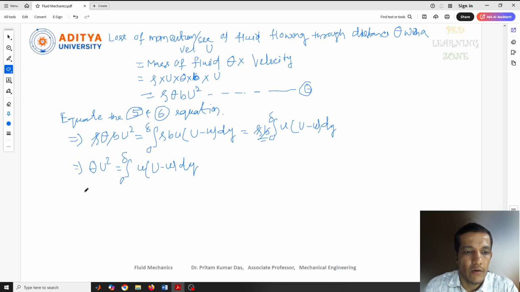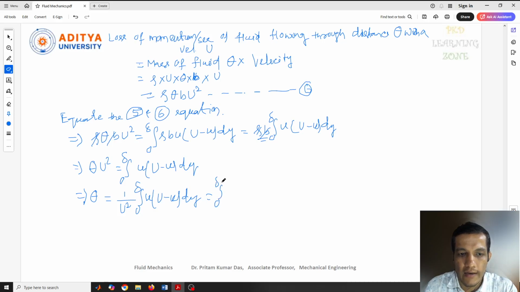Now our intention is to find the theta value, because that is the momentum thickness. So theta equals 1 by capital U square, integration 0 to delta, small u into capital U minus small u dy. We can take this inside the integral, 0 to delta.